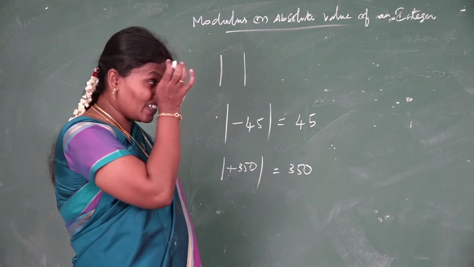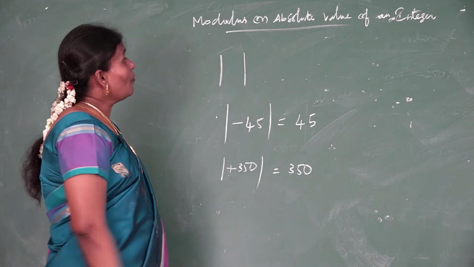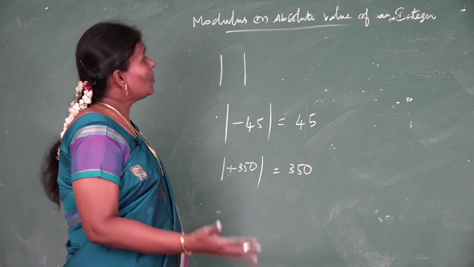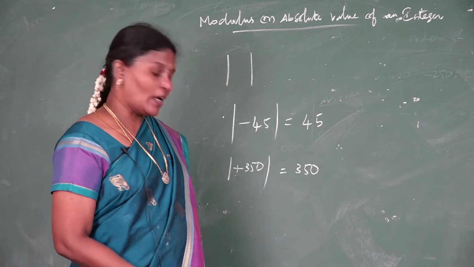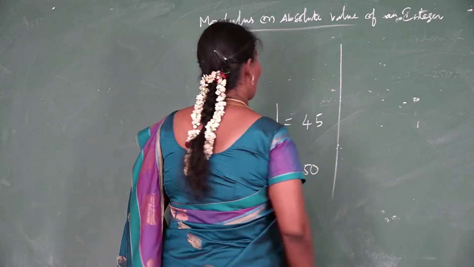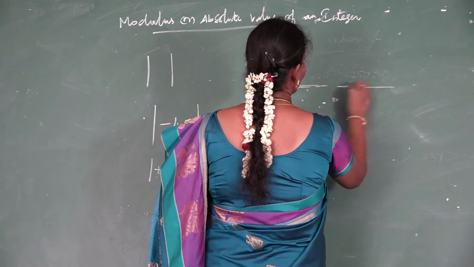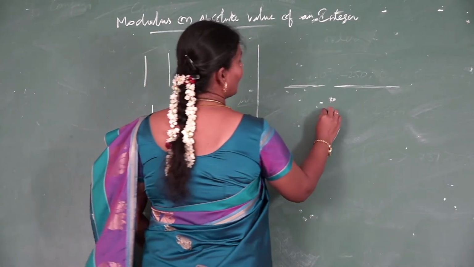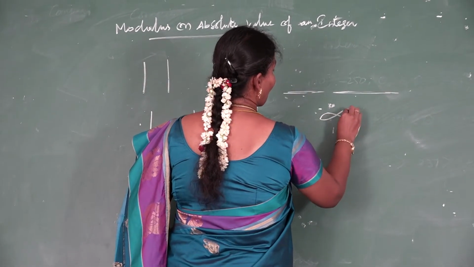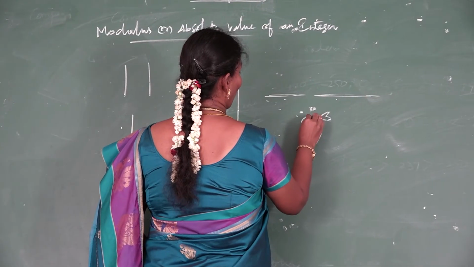Do you understand, children? So in absolute value, which sums do we have to see? See one example. This is the sea level. Here is one fish.